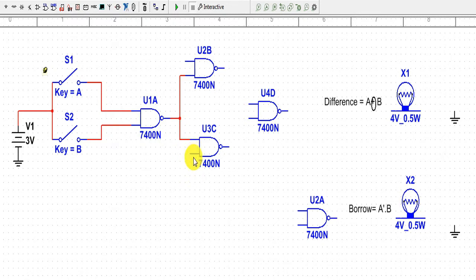Now the second terminal of the third NAND gate and the second terminal of the second NAND gate are connected to the input signals.